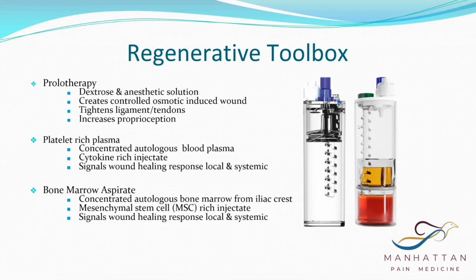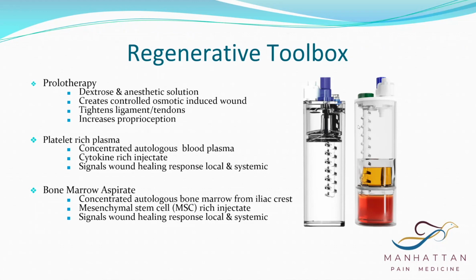Next, we have platelet-rich plasma. This is where we take blood from the patient, their own blood, and spin it down in a centrifuge in order to get a solution that's rich in cytokines and platelets, and we inject that back into the joint, tendon, or ligament. Again, that stimulates a wound healing response in a bit of a different way.